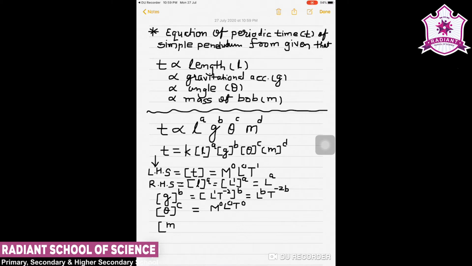Mass has a dimension of M, so it is written as M to the power 1 and with power d, so we can put it as M to the power d. Now these are the basic information that we have from the equation.